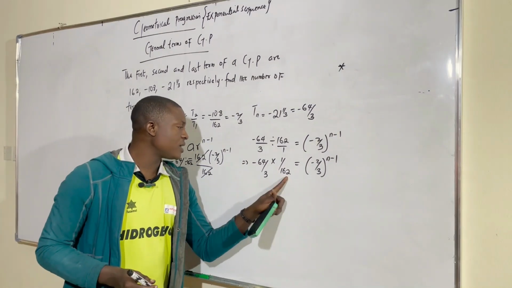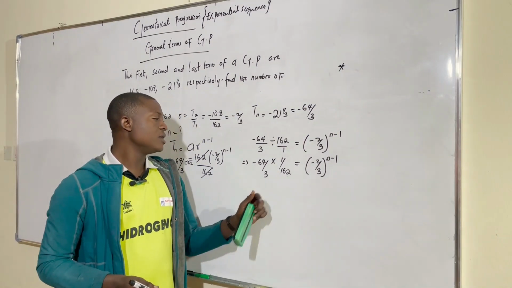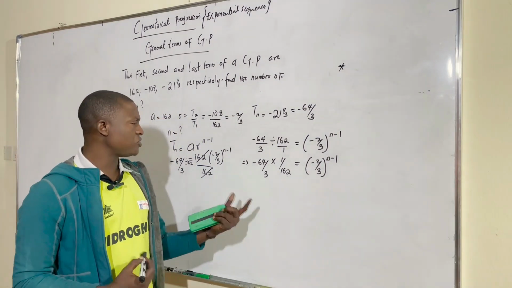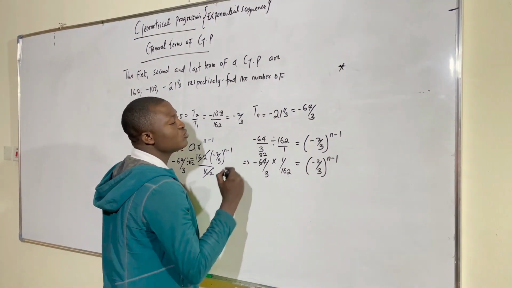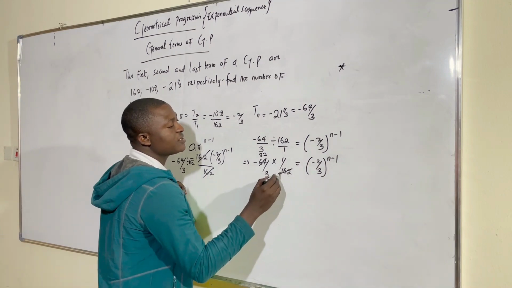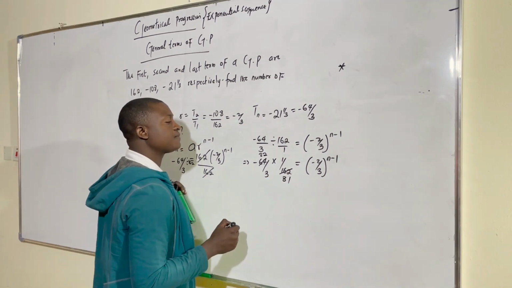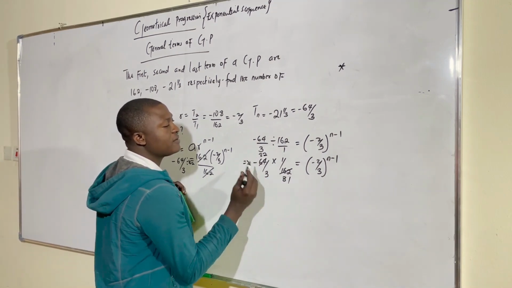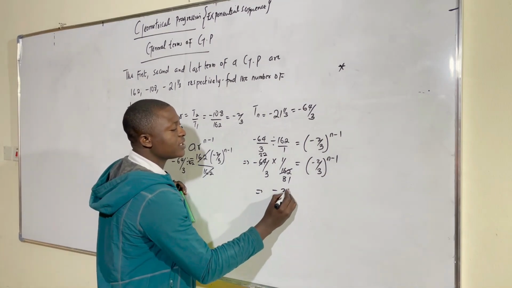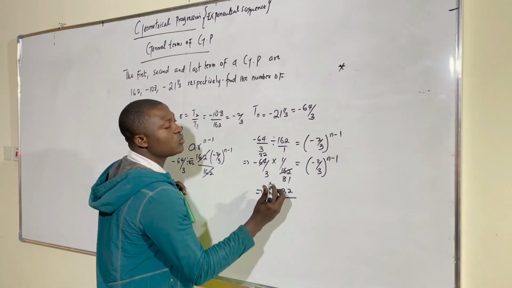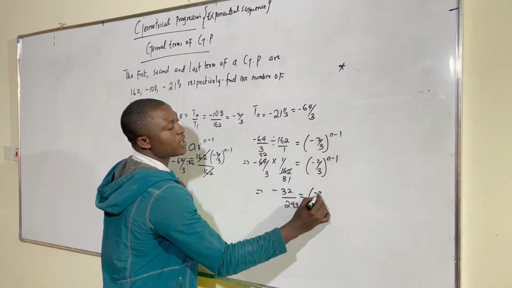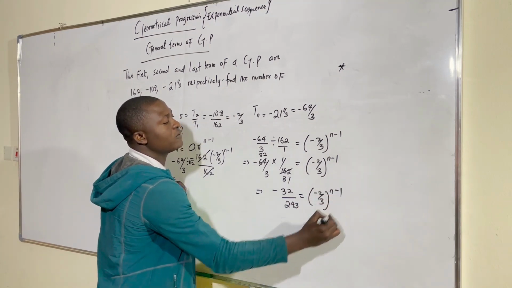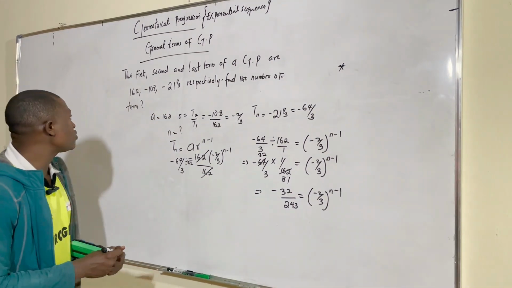Is there a number that can go into 64 and 162 without remainder? 2 can go, of course. 2 into 64 gives 32, and into 162 gives 81. So what we have left is minus 32, then 3 times 81 is 243, equal to minus 2 over 3 raised to the power n minus 1.